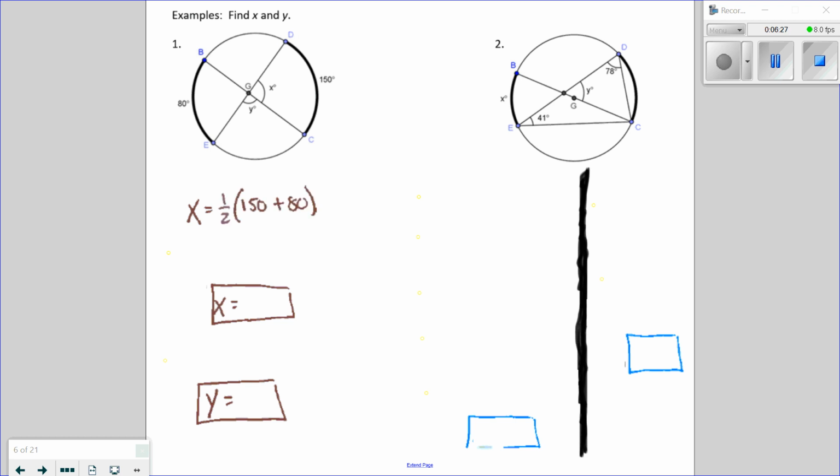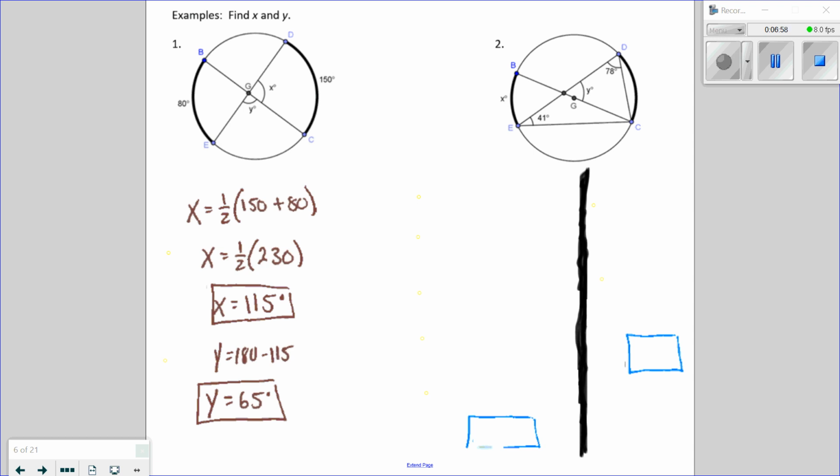So it's 1/2 the sum of 150 plus 80. You add the two arc measures together, divide by 2, and you have your angle measure. To find Y, we can just use linear pairs. So subtract from 180. There you go.